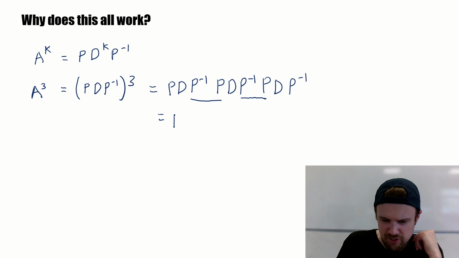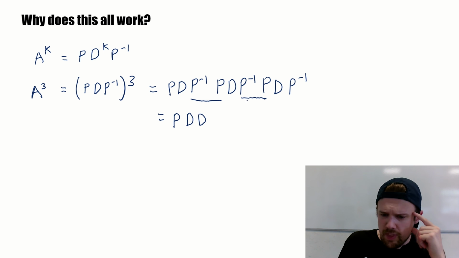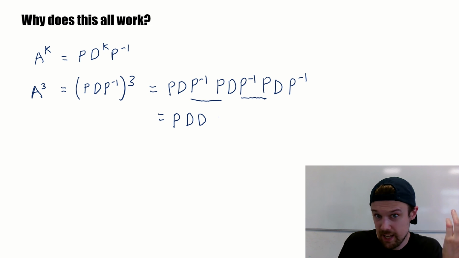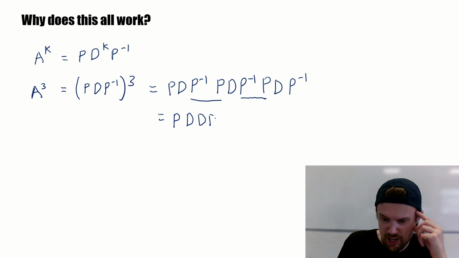So in reality, this simplifies to P times D. The P inverse P cancels out, leaving us with another D. And then another P inverse P cancels out to give another D in the middle. And then we still have that P inverse on the end.